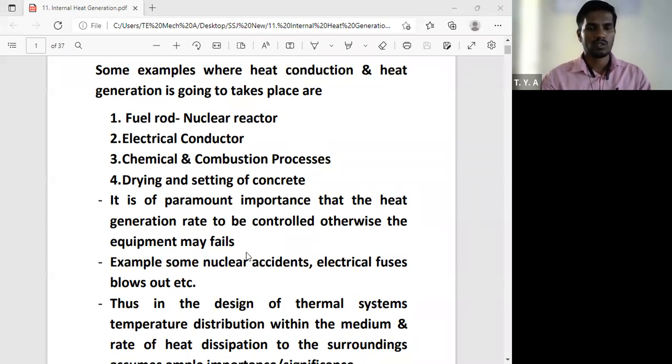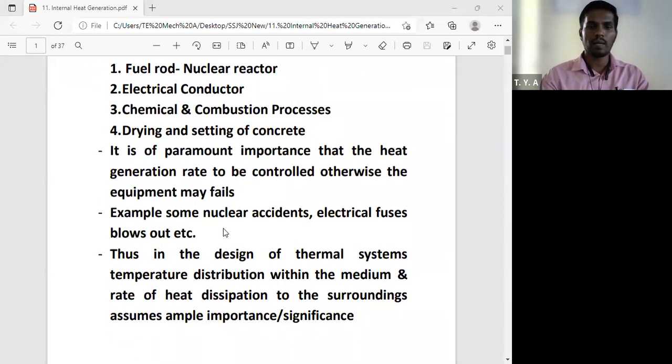Now we have to consider the internal heat generation for deriving the different equations. It is of paramount importance that the heat generation rate be controlled, otherwise equipment may fail. Whatever heat is generated within that element should be controllable, otherwise that component will fail. Examples are some nuclear accidents and electrical fuses blowing out.